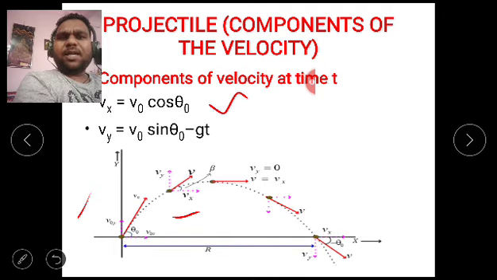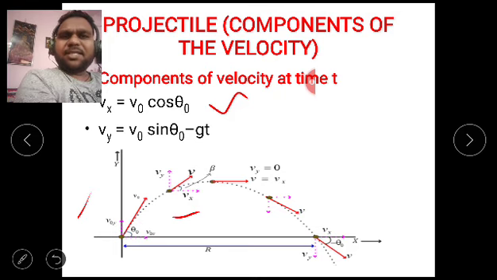Why does the horizontal component remain the same? Gravity does not occur sideways, so there will be no acceleration due to gravity sideways. It will be only downward. Apart from that, we are ignoring air resistance.